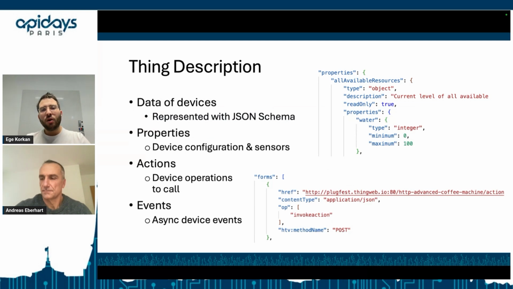So it's very important that all of these interactions and the data available of the device is done via JSON schema. This allows us to describe different payload formats that are usable by any JSON schema implementation, which is already very powerful. Actually, here we are seeing a property, so the resources of a coffee machine.